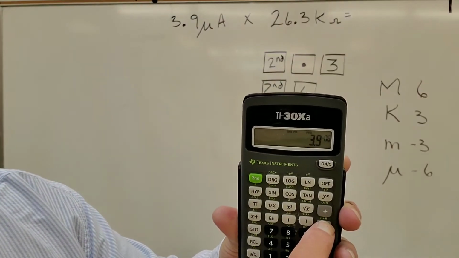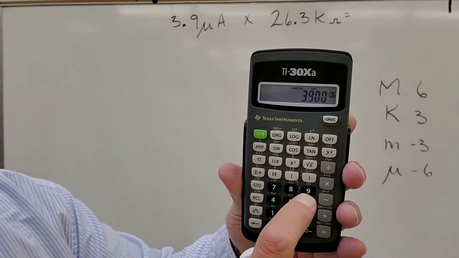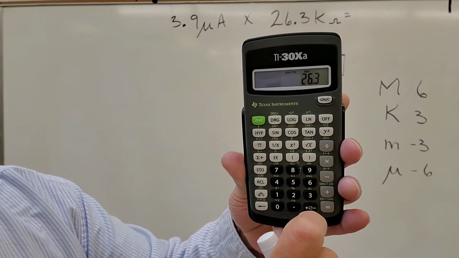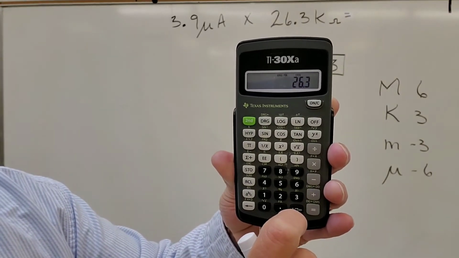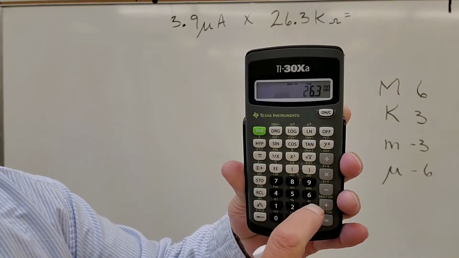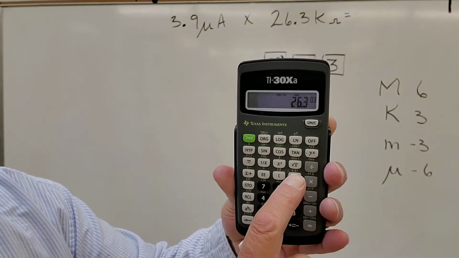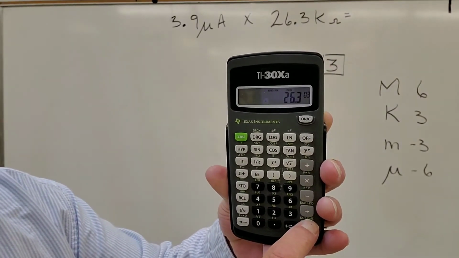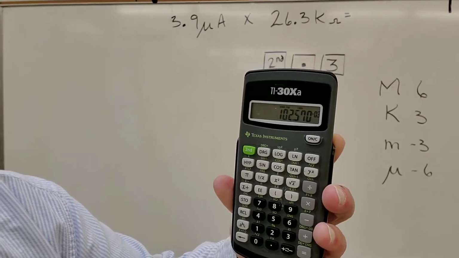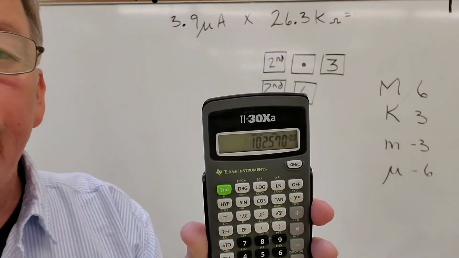Notice now my exponent says -6, so I got 3.9 exponent -6, and then it is times, so I'm going to hit the times, and then it's 26.3 kilo ohms, so I enter in 26.3. Now I got to enter in the kilo ohms, the exponent 3 for kilo, so I come up here and hit the EE key, hit the 3 key. Now I got 26.3 exponent 3, and I hit equals, and boom, I get a value, and it says 102.570, and it has an exponent -3.